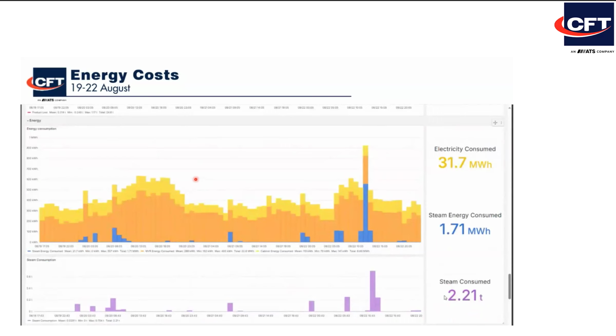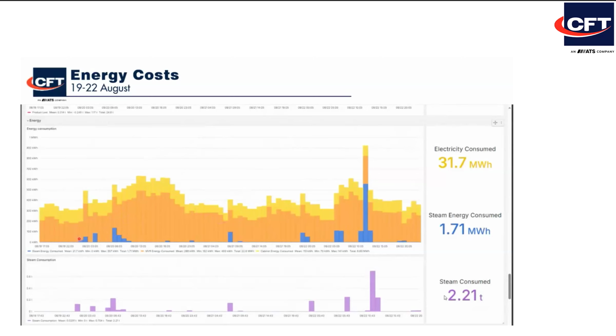As we look at energy, we can see that in this chart we have the steam consumption in blue color, the electrical power absorbed by the compressor in orange color, and the electrical power absorbed by other actuators in light yellow color.